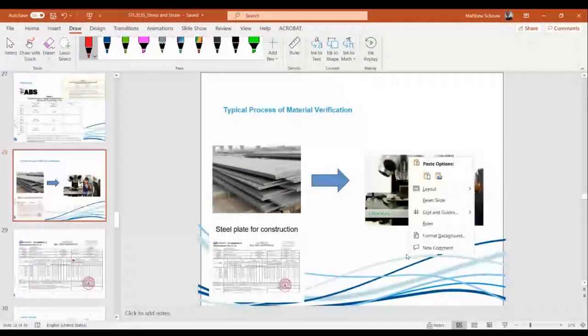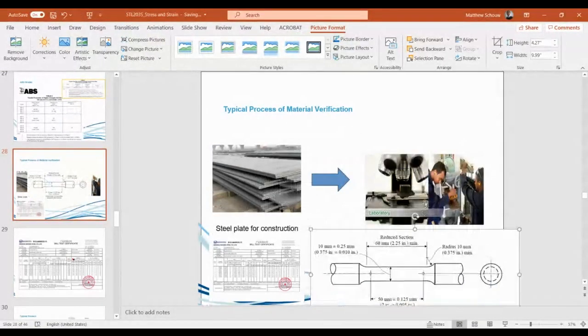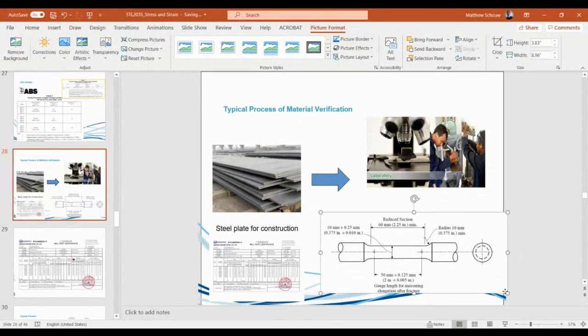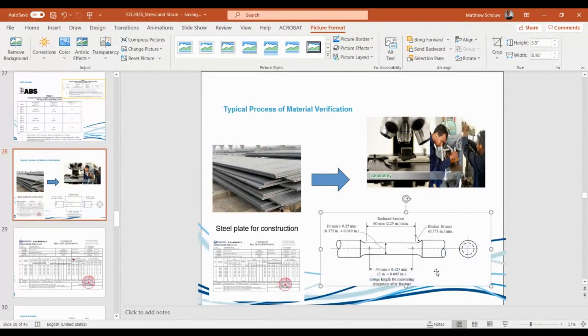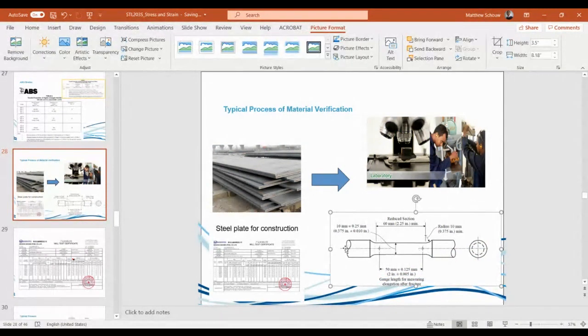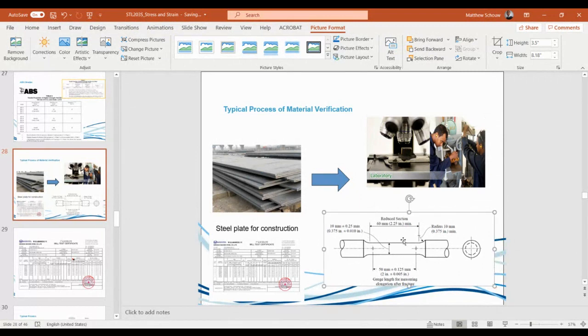Normally a specimen has to look a specific way. I normally give this to the machine shop, and in the workshop they'll machine the specimen out of this plate into something like this, that conforms to the tolerances.